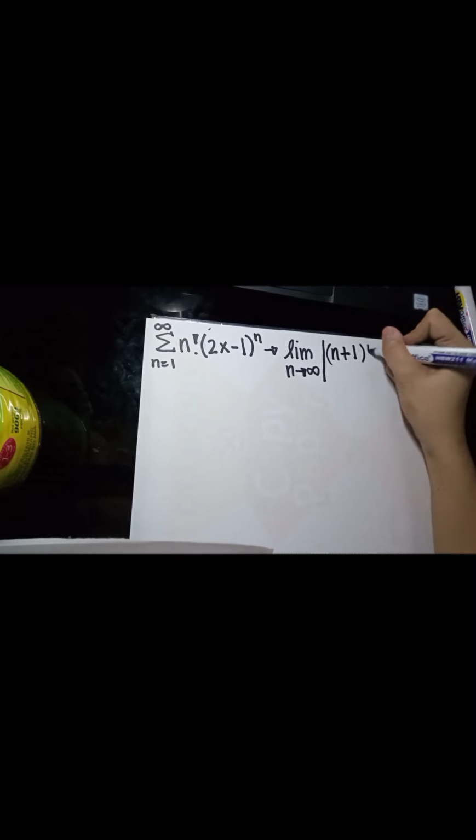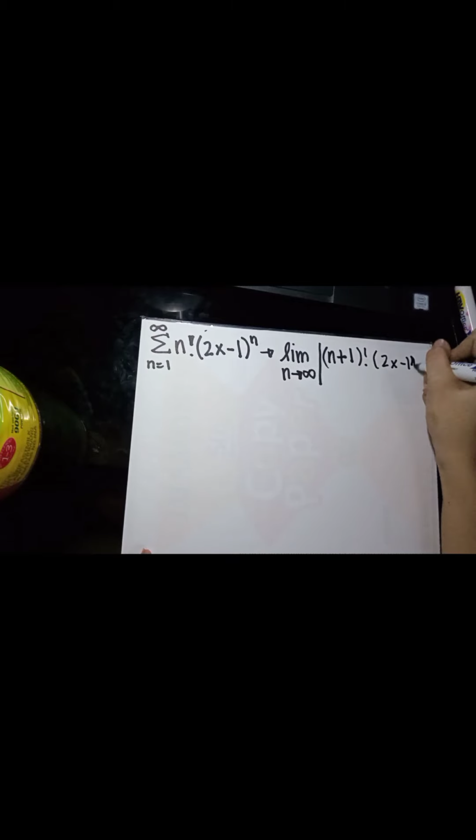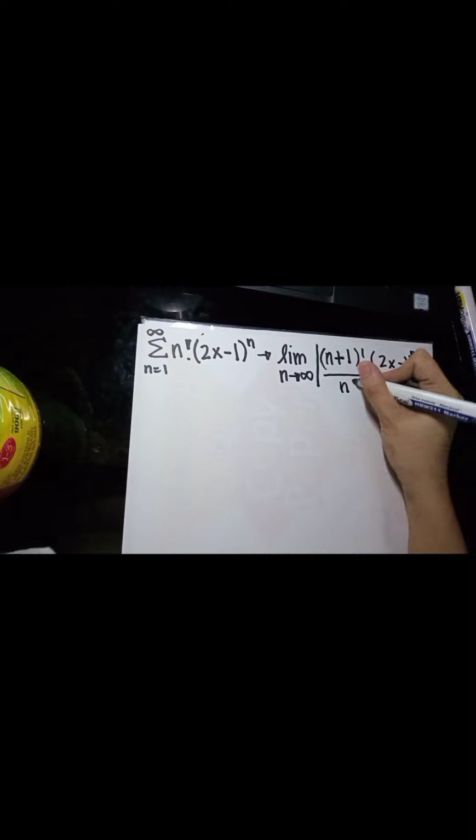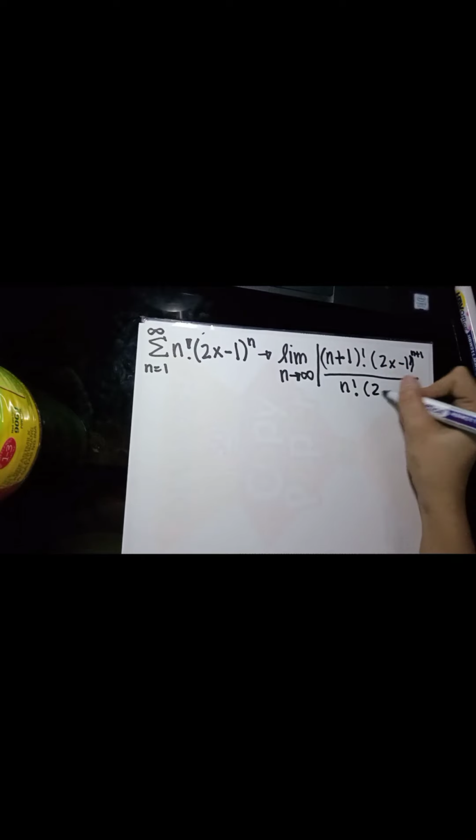So u sub n plus 1, that's going to be n plus 1 factorial times 2x minus 1 raised to n plus 1, divided by n factorial times 2x minus 1 raised to n.